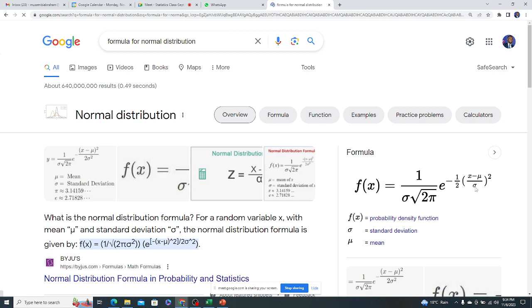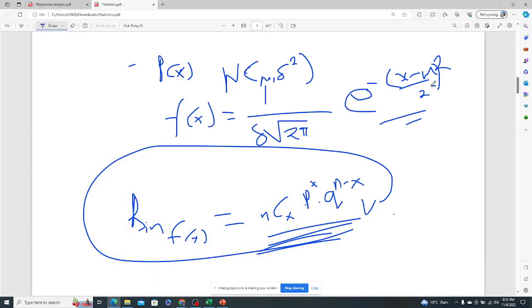Yes, sorry, we had a sigma here, so my first formula was correct. We multiply by 1 over sigma root 2 pi, and then by the exponent raised to negative half into x minus mu divided by sigma, squared. So this is the formula for the normal distribution.